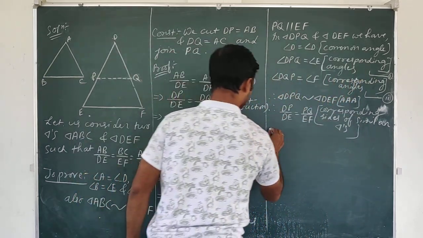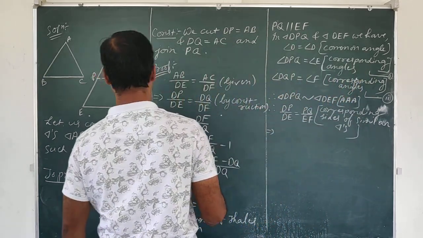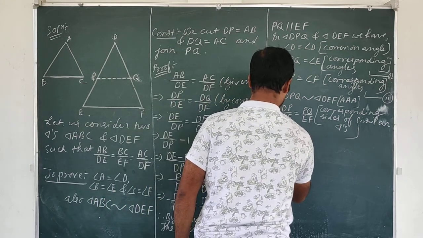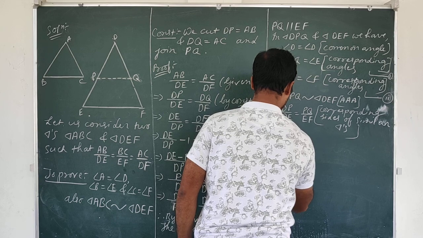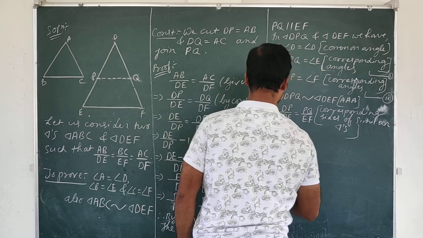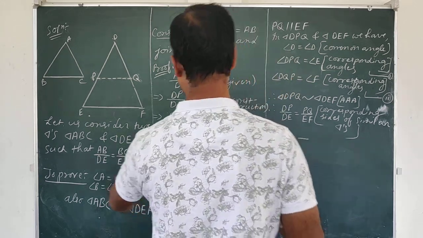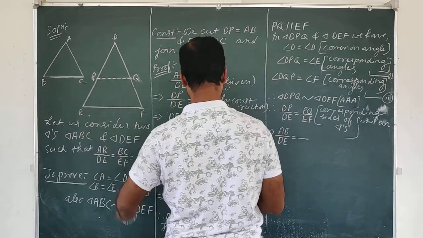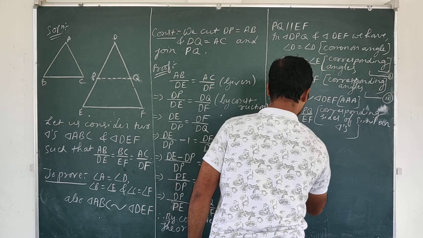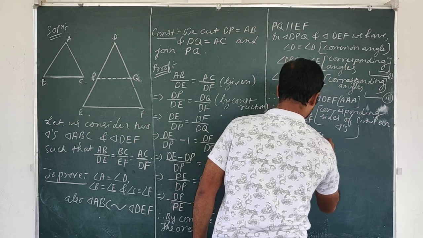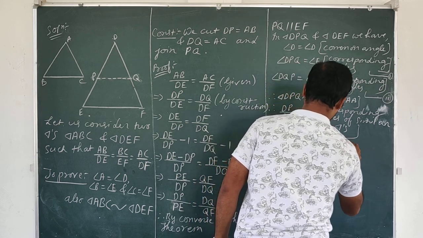So in place of DP we can write AB by DE is equal to PQ by EF, by construction.